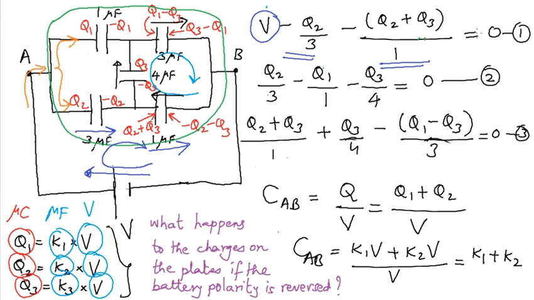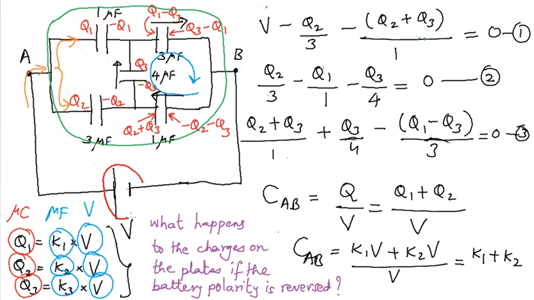Of course, when we completed our journey, we arrived at our starting point, and we know that the potential difference in a loop must be equal to 0, and that's the reason for the 0 on the RHS. Now let me assume that the battery is reversed in polarity from the very beginning, so I'm going to change this battery like that, and we are going to investigate what happens to equation number 1 because of the change which we made.